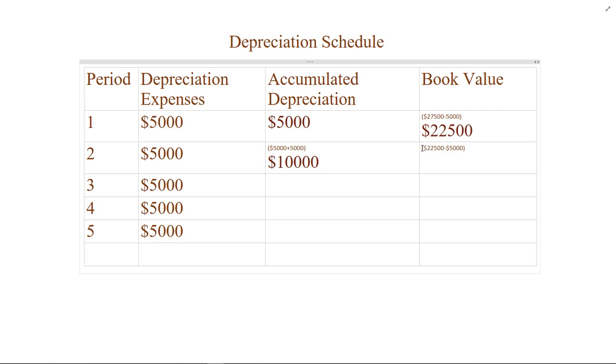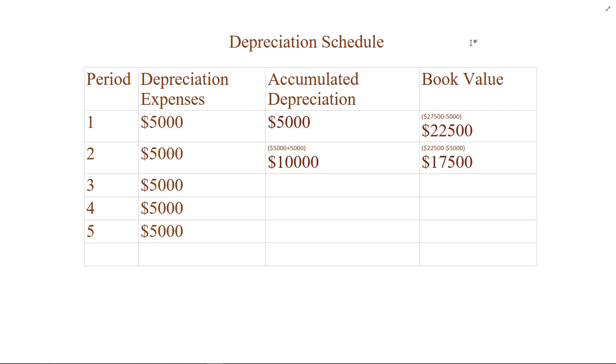Please have your calculator. That's equal to 17,500. So I will write it here, 17,500. It means 17,500 is the value of the asset after 2 years.